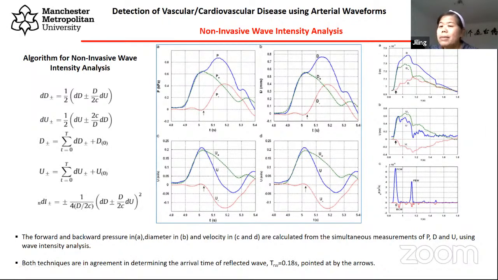For the diameter, that means we can measure it in the clinical setting. When we measure the diameter, we can measure it through a non-invasive way, for example, using ultrasound or MRI.